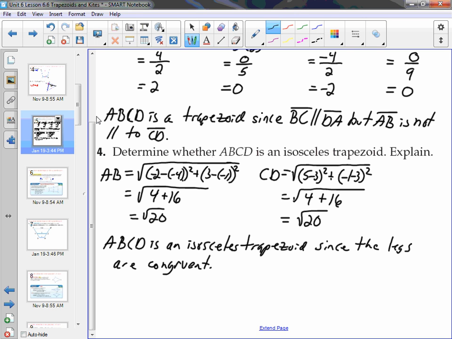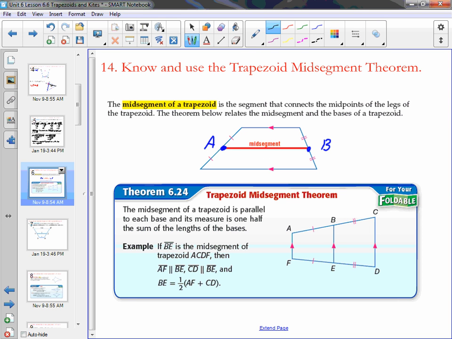All right, how are we doing? Okay. So we've learned a lot about trapezoids and isosceles trapezoids. We've worked a few problems. But if you recall, there was another learning target about trapezoids, about the mid-segment of a trapezoid. So we need to know what a mid-segment is.